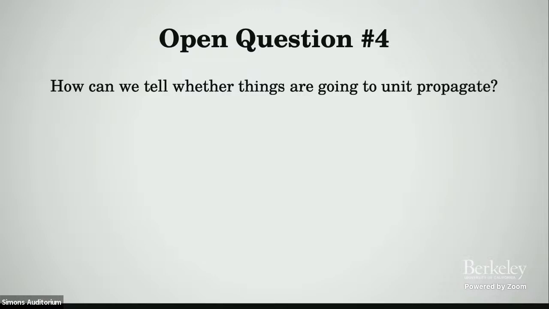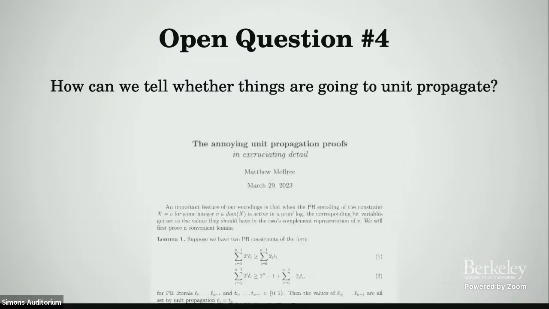Proving this is an inductive argument. It is true. I have a document where I proved this in excruciating detail, and it's not very interesting, but what I would like to know is whether there is something about how constrained these encodings are, so that we can say structurally what is going to unit propagate without having to go in and say exactly what these unit propagation steps are going to be in every case.